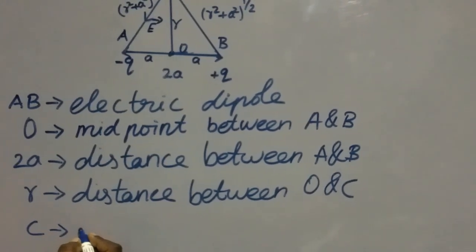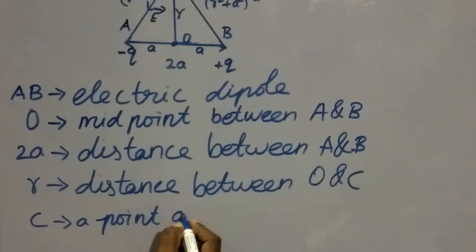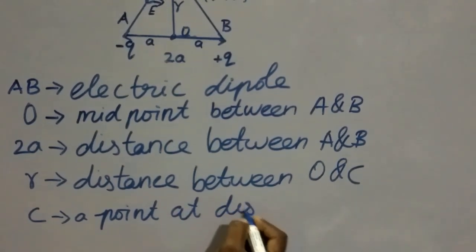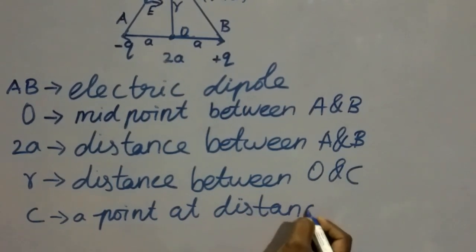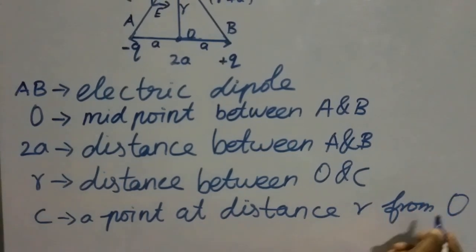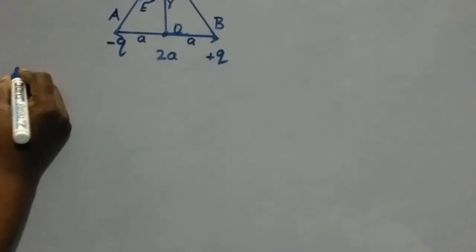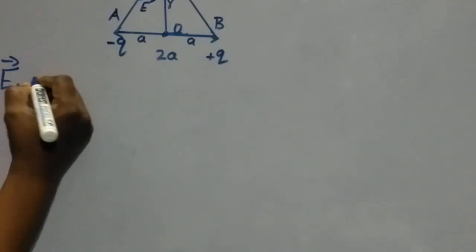Now what is C? It is a point at distance r from O. What is E plus vector?